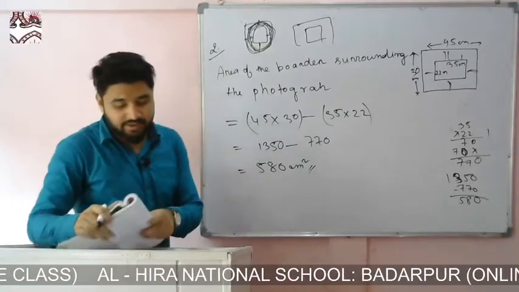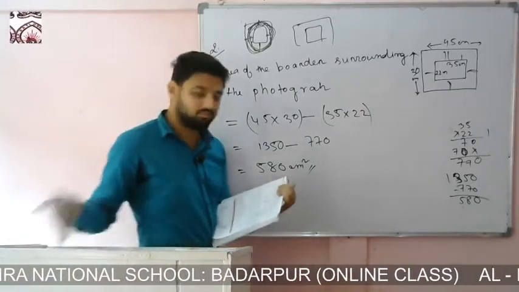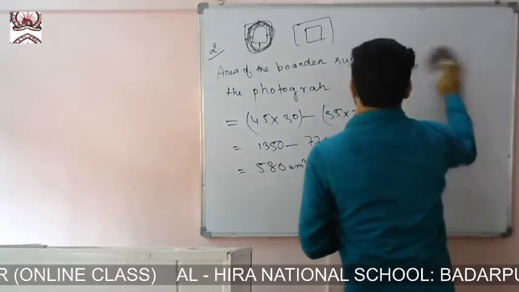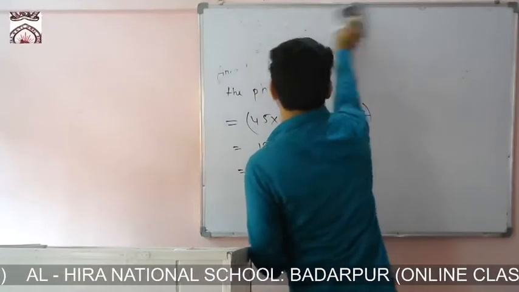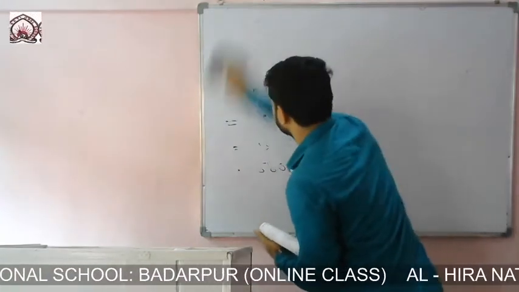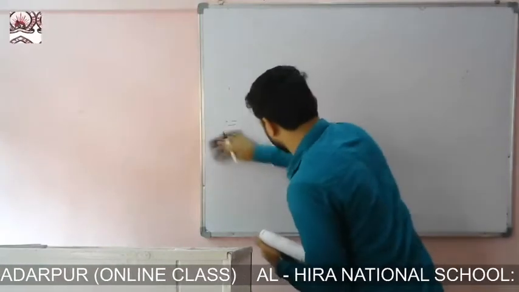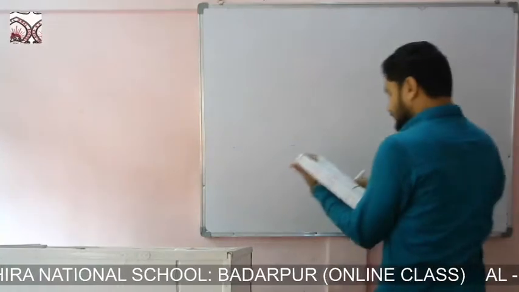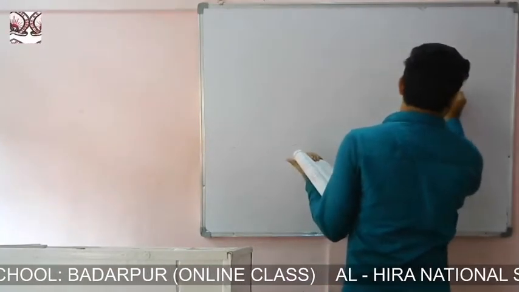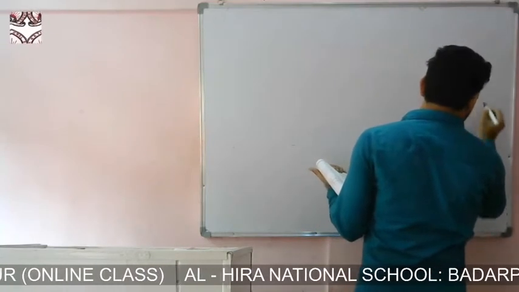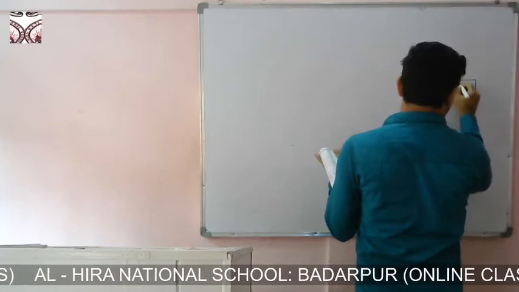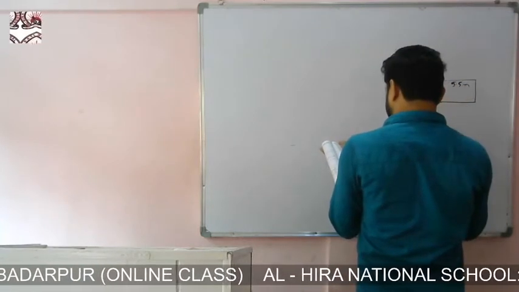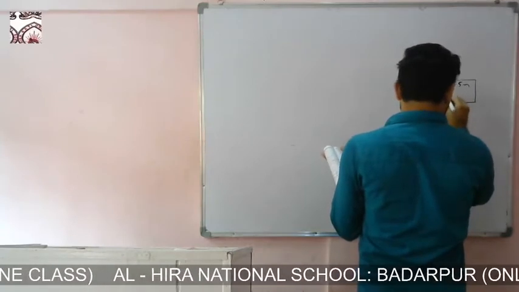Okay. So you see, this is the room. 5.5 meter long, that means length, and height is 4 meter.